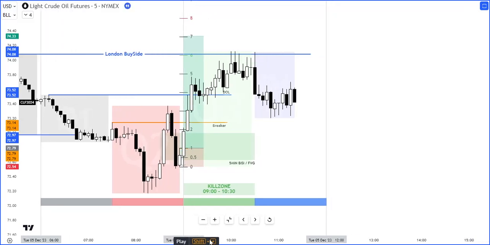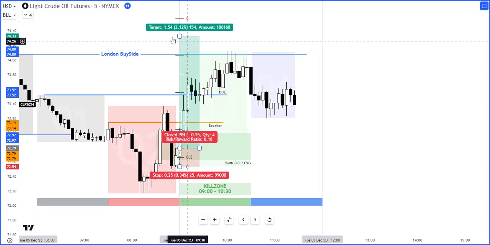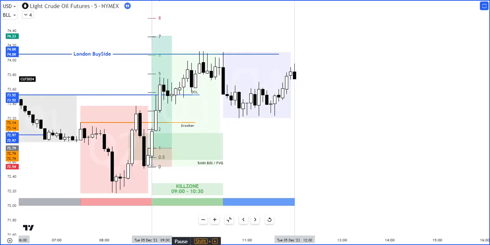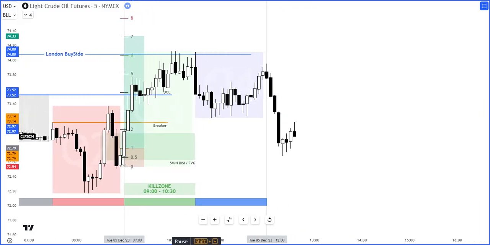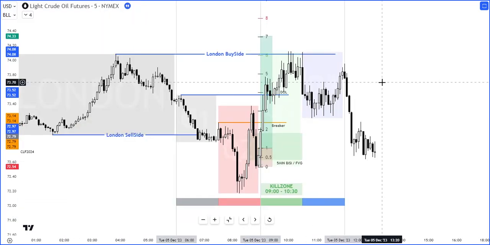Price draws lower. It taps buy side, but it fails to reach the next standard deviation. Psychologically, it's either you'd be holding through this drawdown or you would have lost the trade. Hopefully this part makes sense.